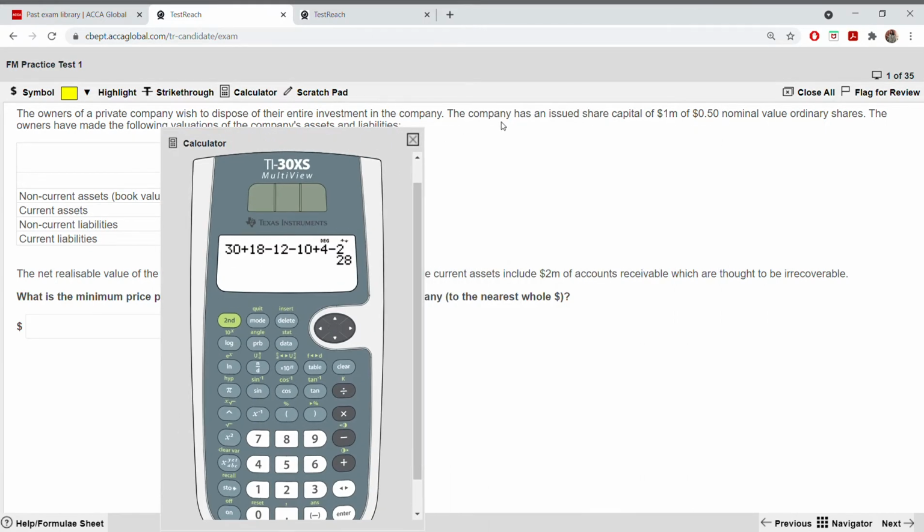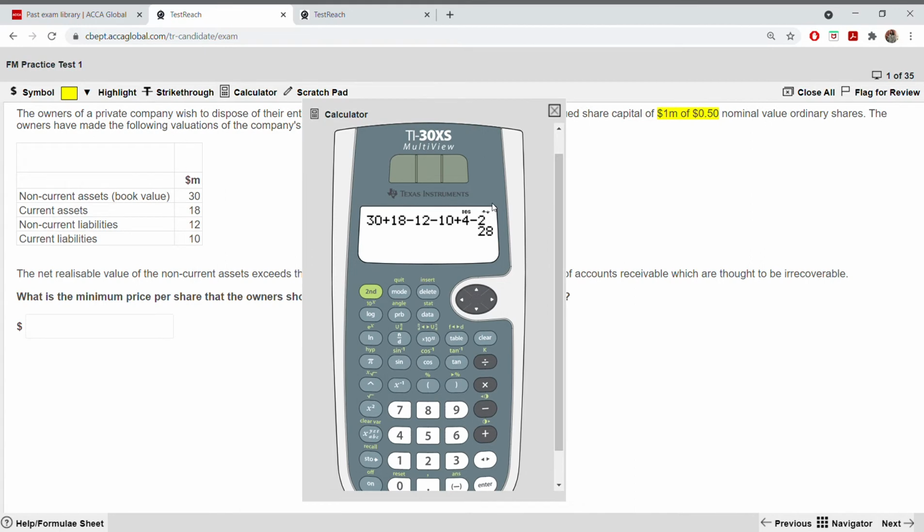Then this 28, look at it. The company has an issued share capital of 1 million of 0.5. You can even highlight it in the beginning. So this 28 needs to be divided by 2. So 28 divided by 2 equals 14.